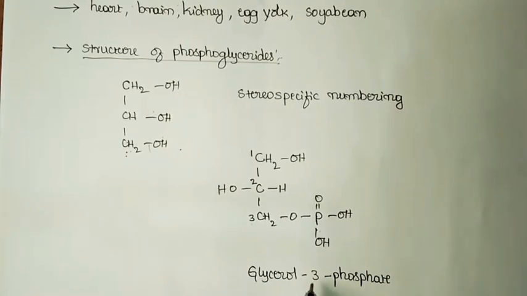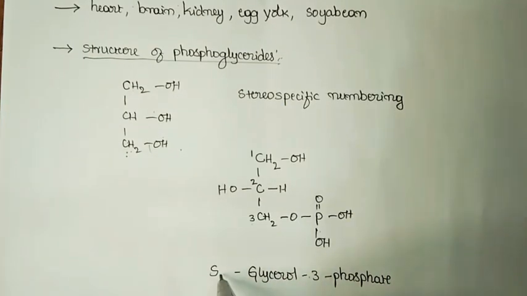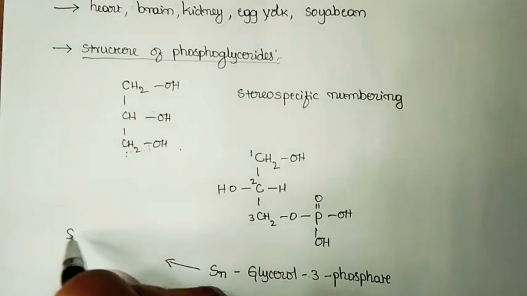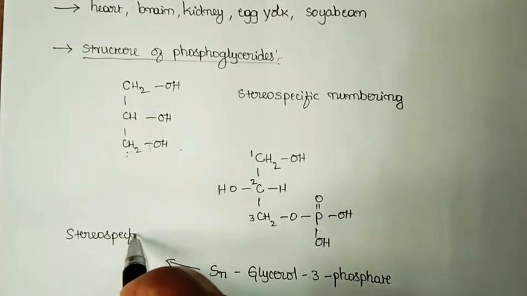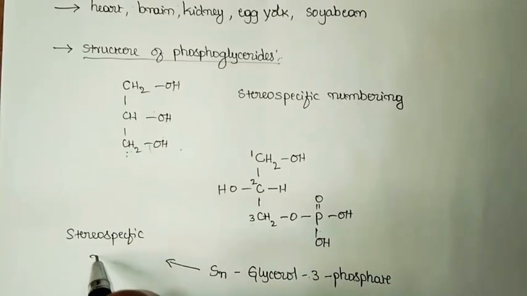But to say that the third position is stereospecific for the phosphate group, we write a prefix in front of the name: SN. This SN stands for stereospecific number, and here the stereospecific number is 3.